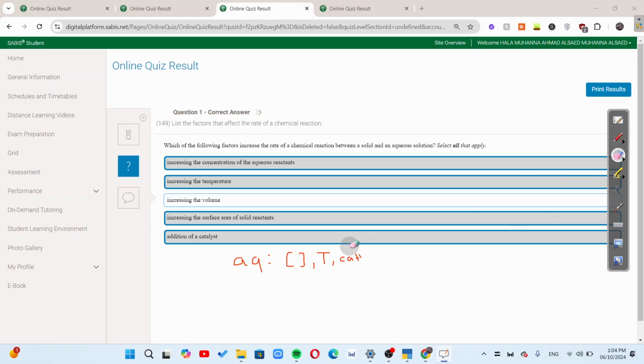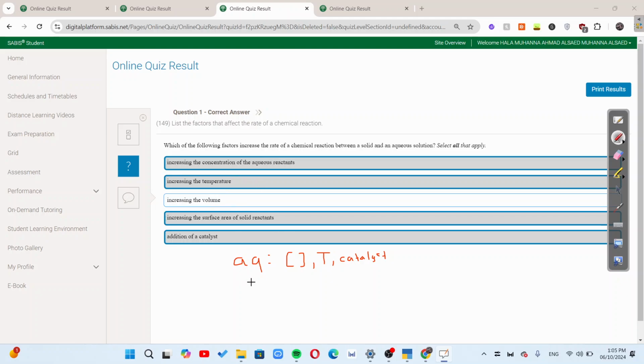Oh, I forgot that. Catalyst. And yeah, that's it. Those are the things that affect the rates in aqueous solutions.